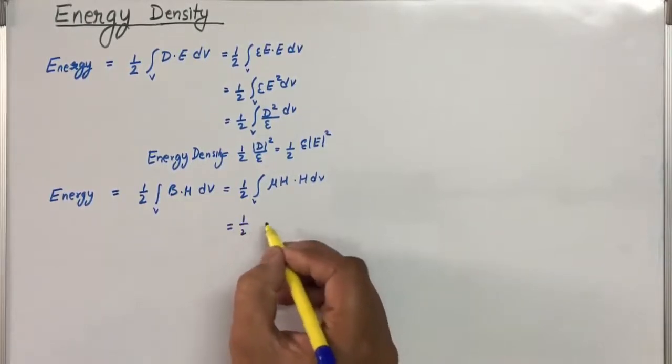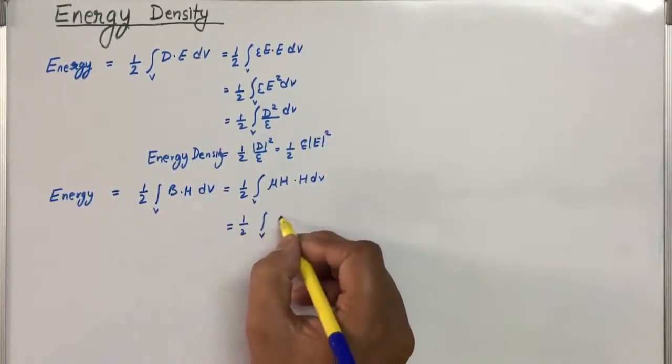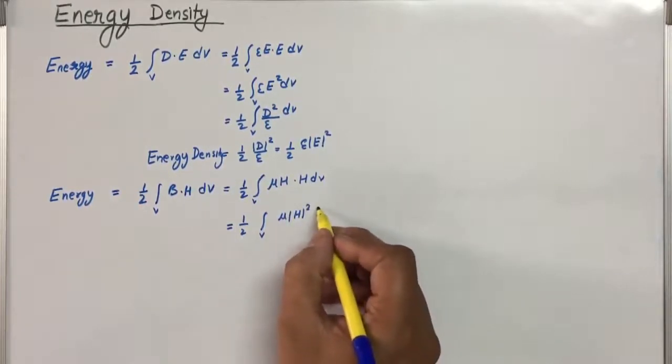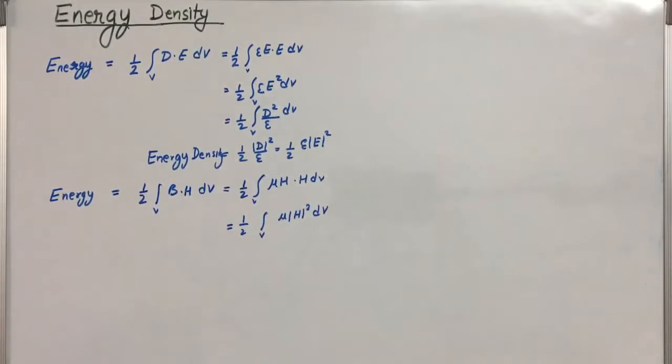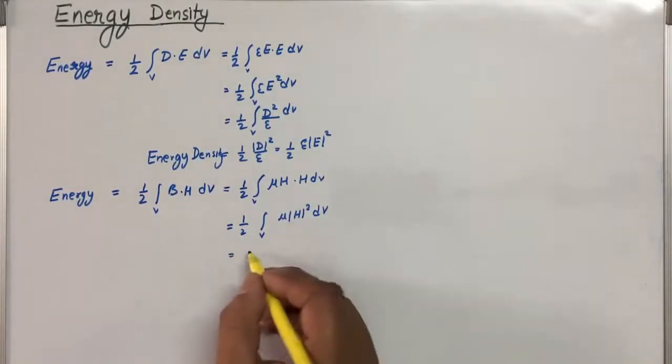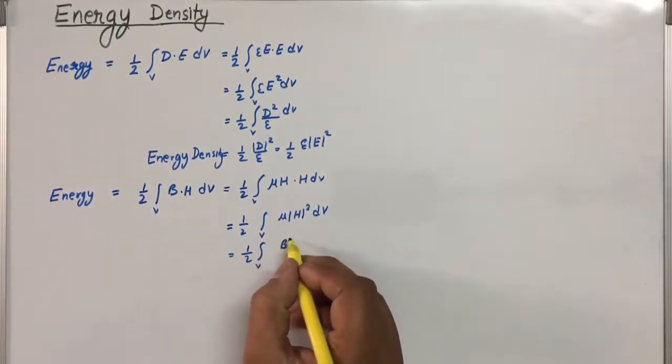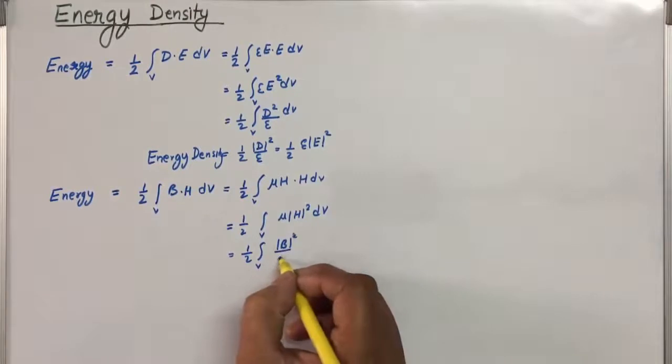After simplification, we have the volume integral of permeability times intensity square dV, and in another form it can be written as half volume integral of B square divided by permeability.